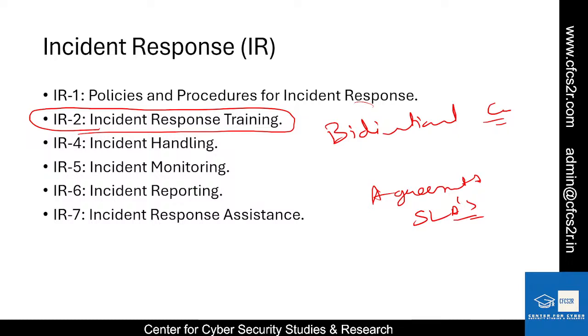Sometimes you have vendors giving you services, maybe your AMC partner, so you should always give them the incident response training.